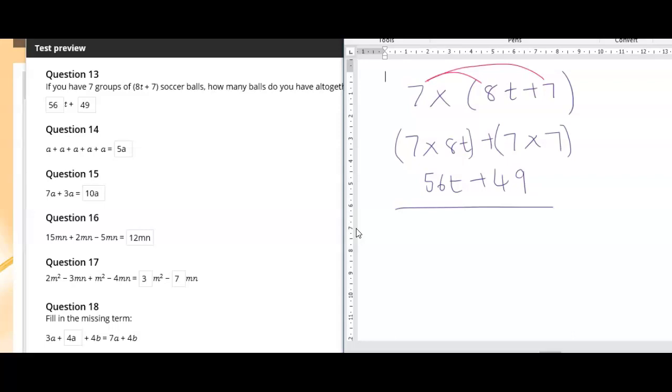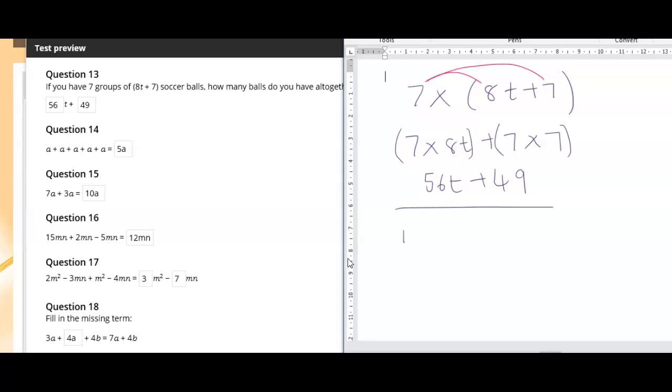You've got 7 apples plus another 3 apples. So altogether you've got 10 apples. Okay. So this relates to what we call like terms. So if I had, say, a B, which represented a banana, you'd have to write plus B. They're separate. Okay. So when you look at question 16, you've also got like terms.